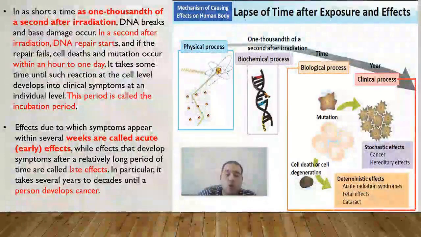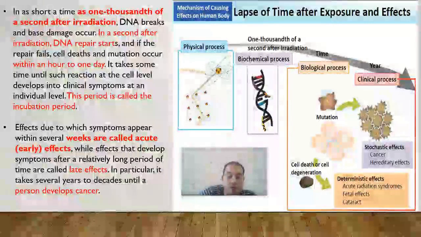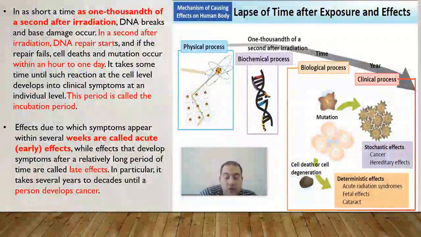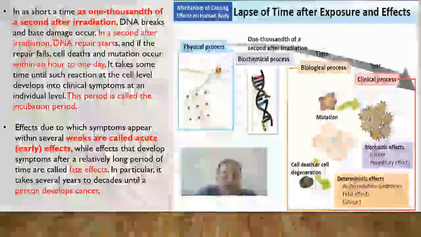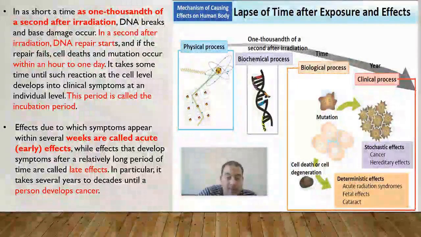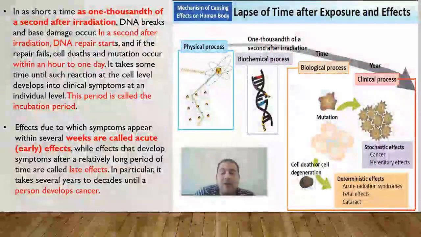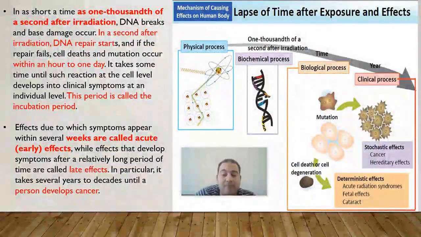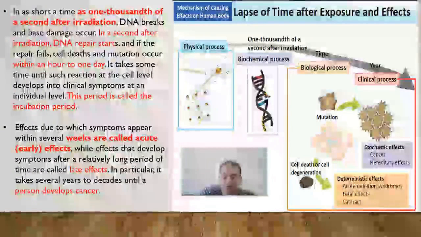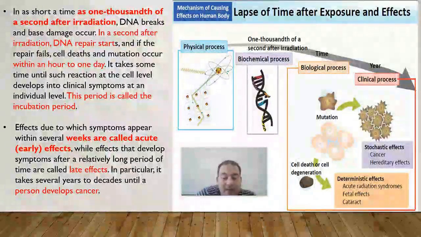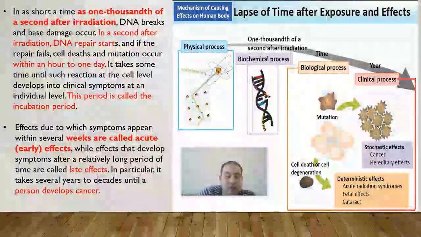The stochastic threshold is that 1 photon can cause cancer, and there is no threshold; the probability increases with the dose. Incomplete repair leads to mutations and is responsible for genetic effects, hereditary effects, and cancer. Meanwhile, the deterministic effect is responsible for cataracts or other visible effects.